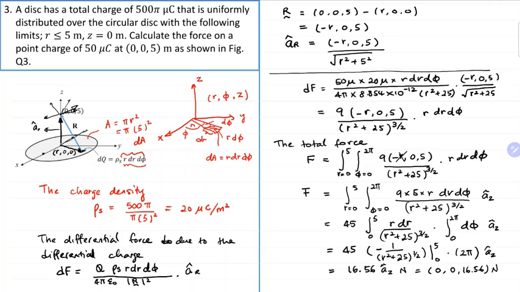So the force in the x and y directions is 0, and the force is only in the z direction, which is 16.56 Newtons. So there's the solution to this. The force at this point here would be 16.56 Newtons going upwards if you have a point charge of 50 microcoulombs at that point.